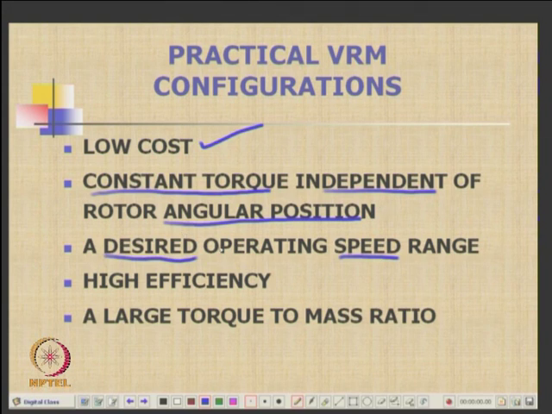Then it should also provide high efficiency. These are some of the features that you expect in an SRM. And it must provide a very high torque to mass ratio. This is one of the quality parameters of such a machine. It must produce high torque with minimum weight. So, these are the desirable features of an SRM.